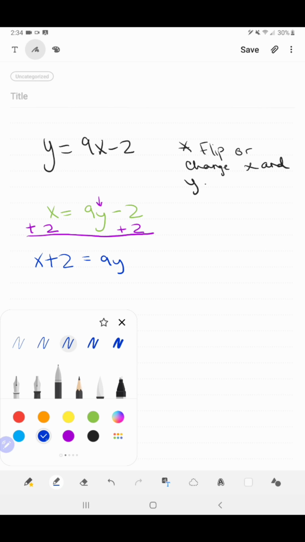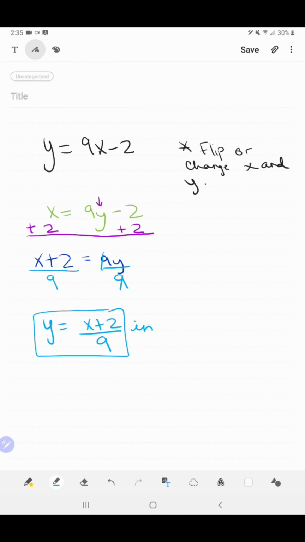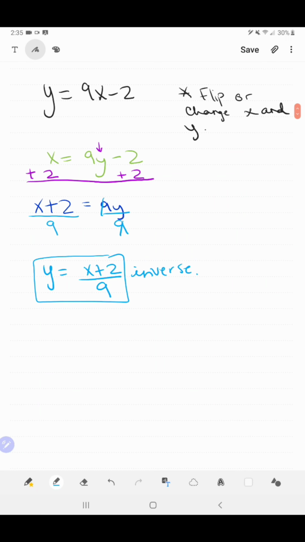Next, divide by 9 to get Y by itself, and divide everything by 9. So 9 is now canceled, and you're left with Y equals X plus 2 over 9. So that is the inverse. Okay?